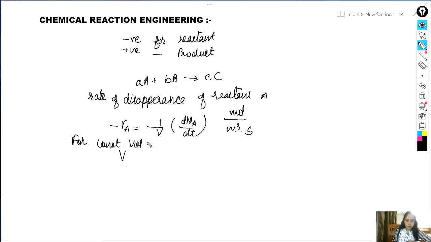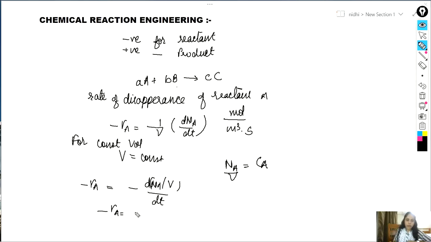Therefore the rate of reaction minus RA equals minus dNA by V dt, and we know that NA by V is equal to CA, which is the concentration. So minus RA equals minus dCA by dt.